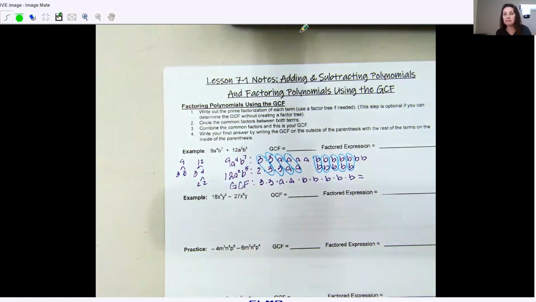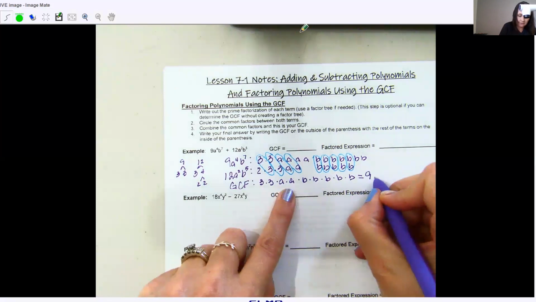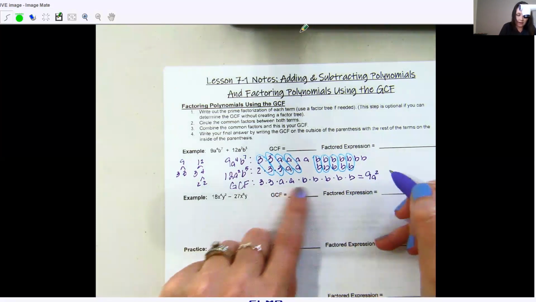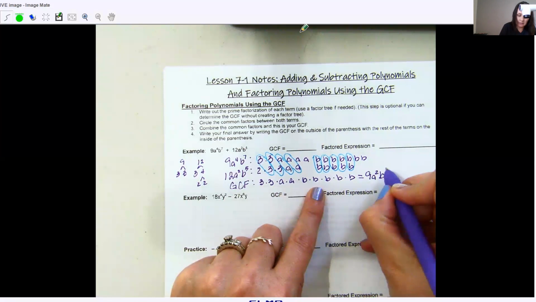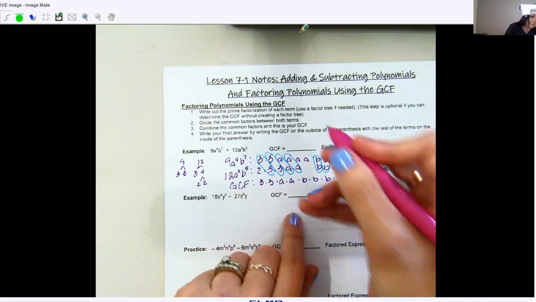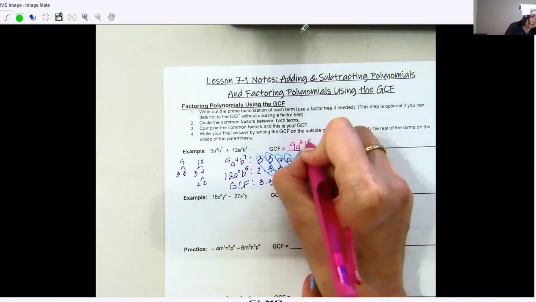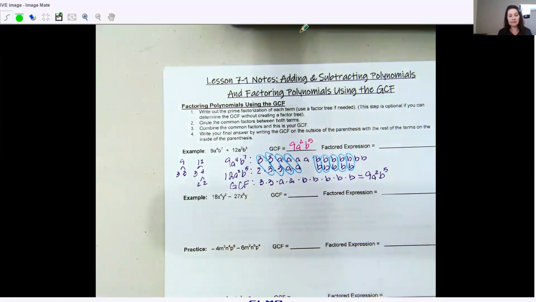So a lot of you could have done this in your head. I have 3 times 3 is 9. I have 2 a's, so that's a squared, and I have 5 b's, so that's b to the 5th power. And so my greatest common factor is 9a squared b to the power 5. And that's how you pull out your greatest common factor the long way.